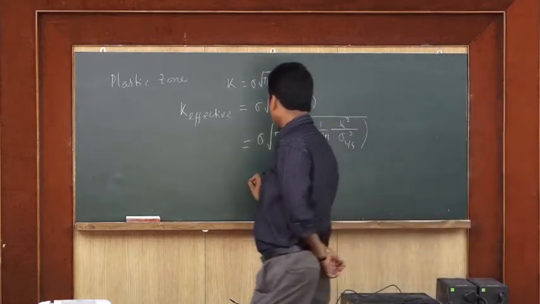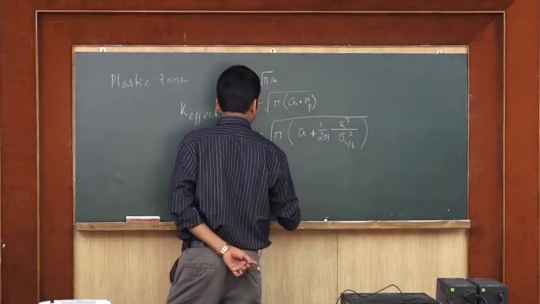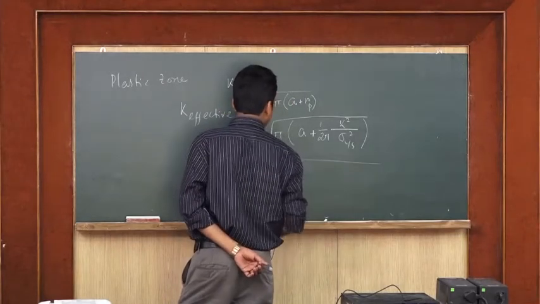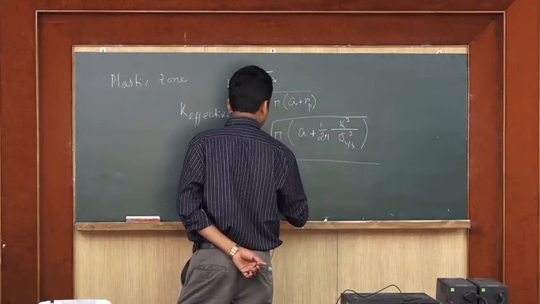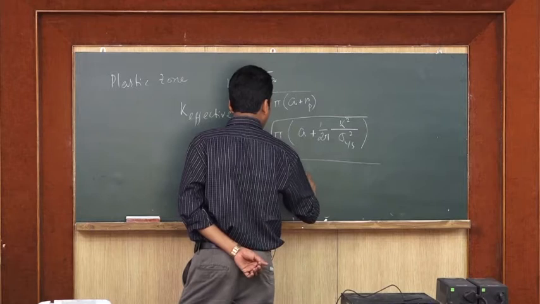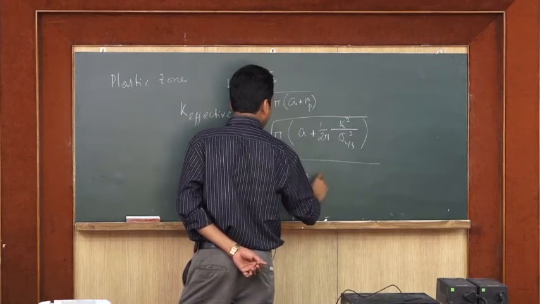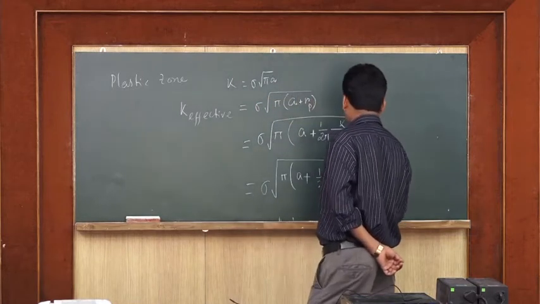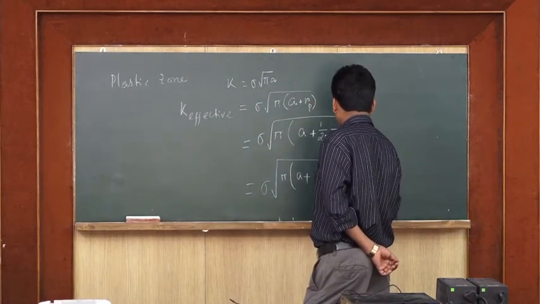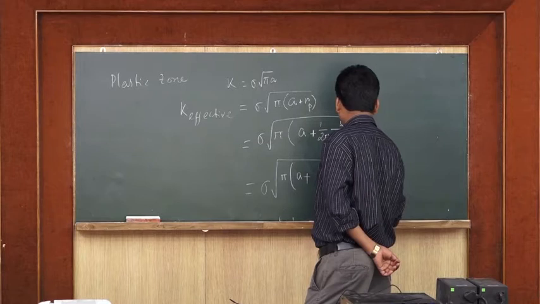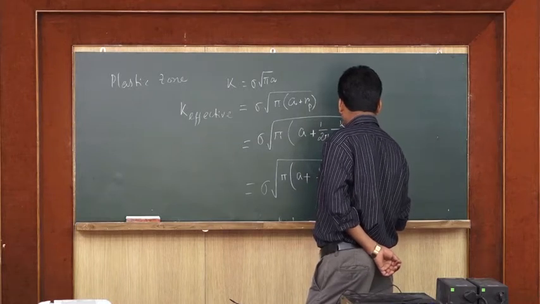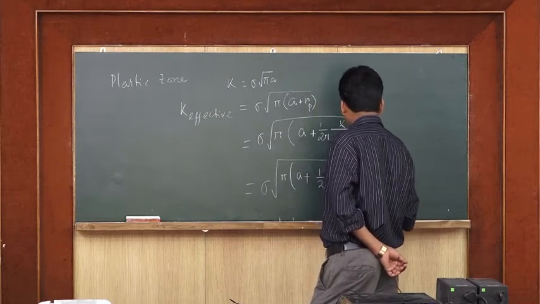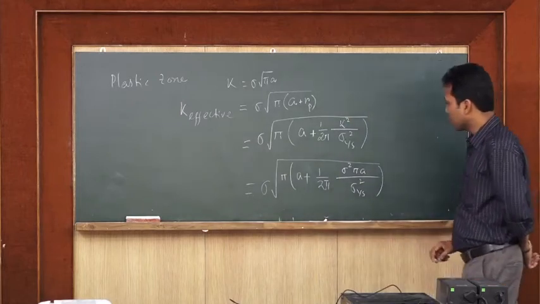So what I can write here is sigma root pi, a plus 1 by 2 pi times sigma square pi a by sigma ys square.